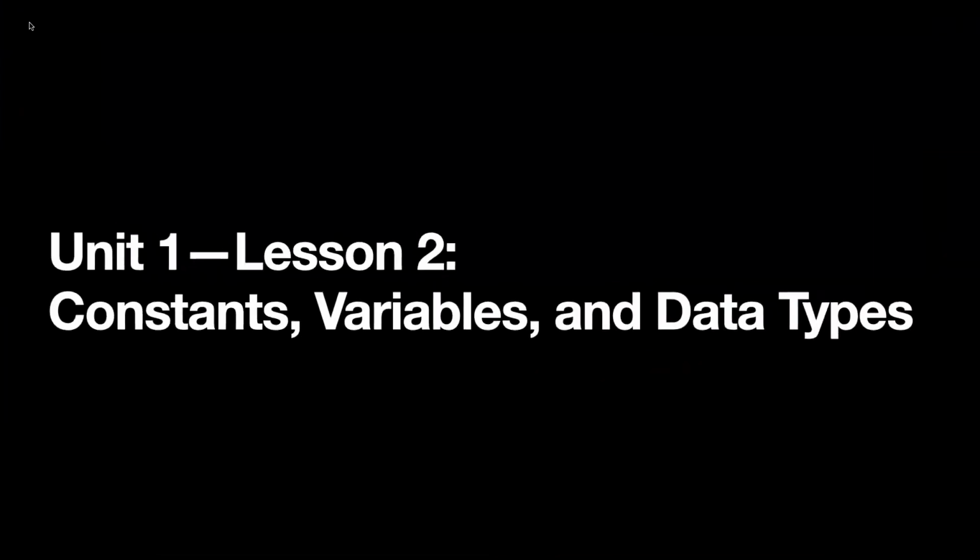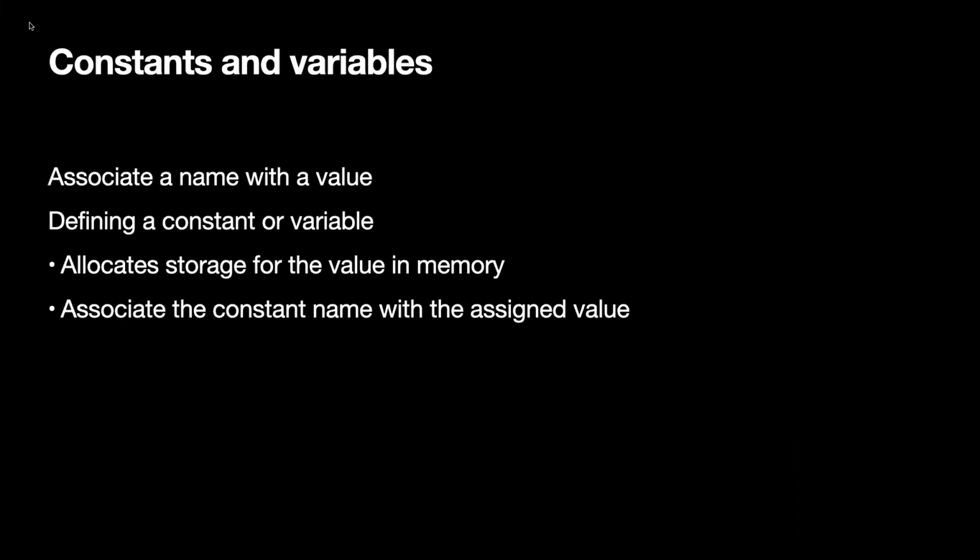So what is a constant and what is a variable? Basically, when we talk about constants and variables, it is a way to associate a name in the computer with a value. When we define a constant or a variable, we allocate storage in memory to store the values for those variables.